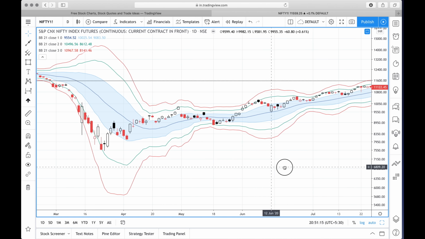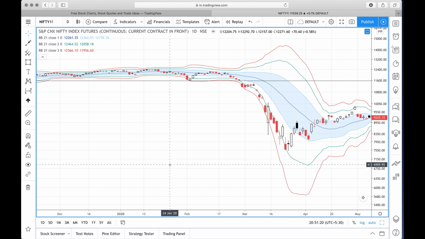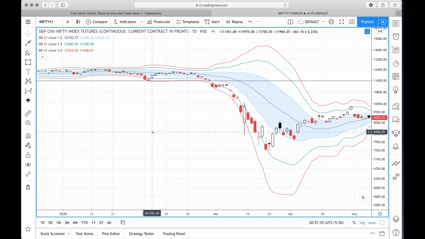And if it does, like in this current fall, it's a sign that the market is in an exceptionally strong trend. Either it's going to bounce back very soon, immediately, or it will continue. These are the exceptional cases.